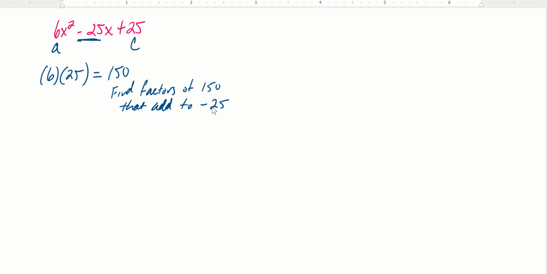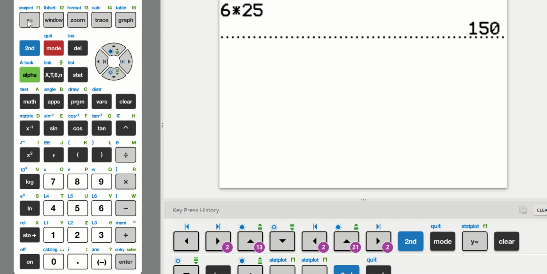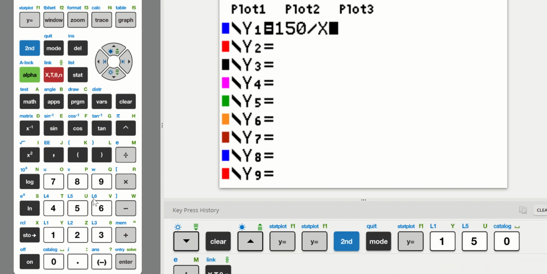Now, if you're not seeing this right away, you can use your calculator to figure this out. If I'm at my home screen, I'm going to y equals. What I need to multiply to, I'm going to do 150, because I have to multiply to 150, divided by x. I'm going to hit enter. On the second line, I'm going to go to this button here that says vars.